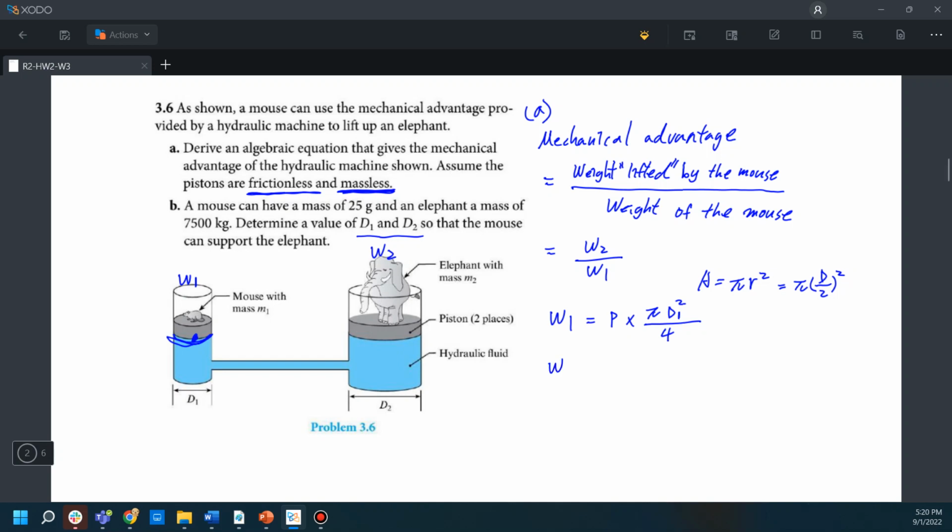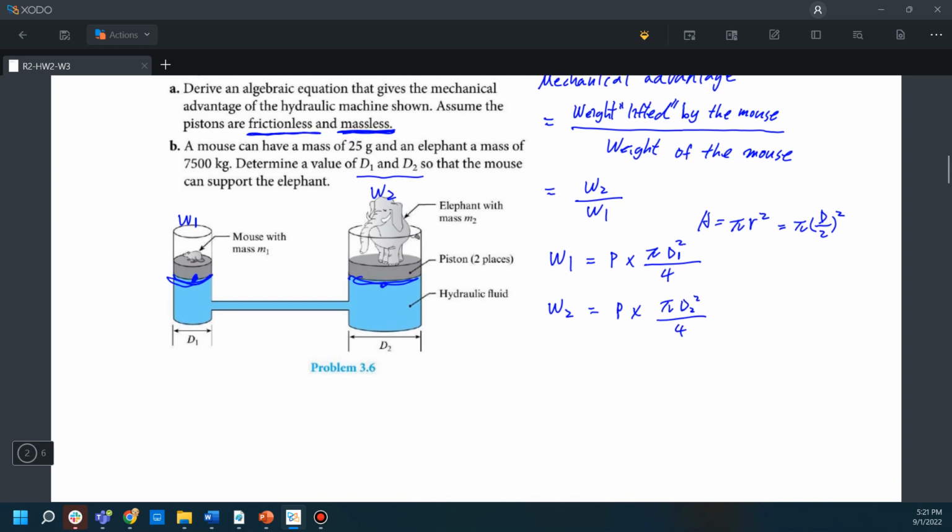And weight 2 will have a similar equation: the pressure at this point, and because they are at the same height, the pressures are actually equal to each other, so we will denote it as just P for that common pressure, times the area of this piston, pi d2 squared divided by 4. Okay, and because the pressure is the same, we want to represent the equations in terms of P. Let me write here.